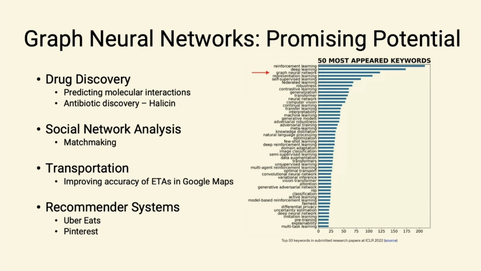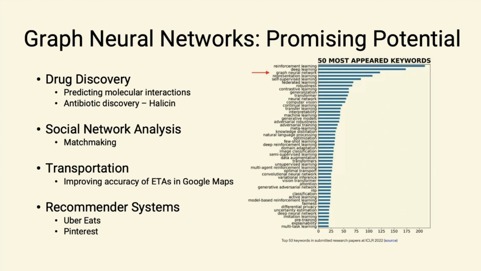Graph neural networks also have a good bit of application in social network analysis, for example, in matchmaking. They can be applied to transportation networks. For example, there was an internal collaboration between Google's DeepMind and Google Maps to use graph neural networks to improve the ETA prediction of Google Maps by roughly 50% in some cities around the world, like Berlin and Jakarta.